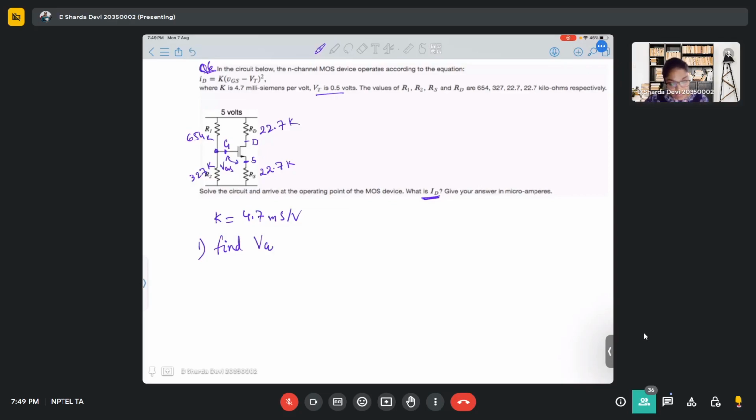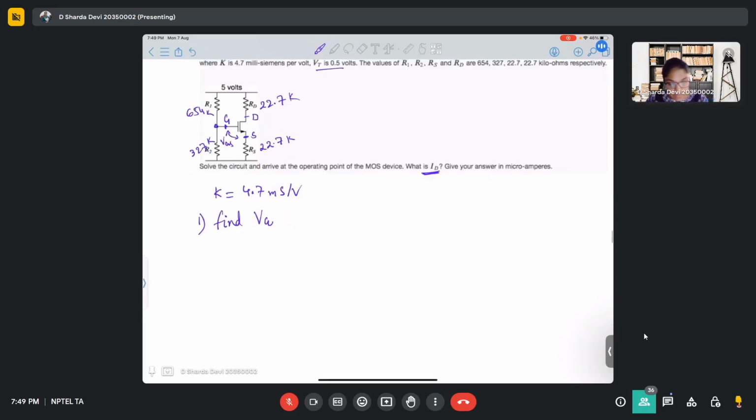So here the first thing is we'll find the value of Vg. How will we find it? It is 5 into 327 by 654 plus 327. So the value of Vg, which I have already solved, is 1.67 volts.